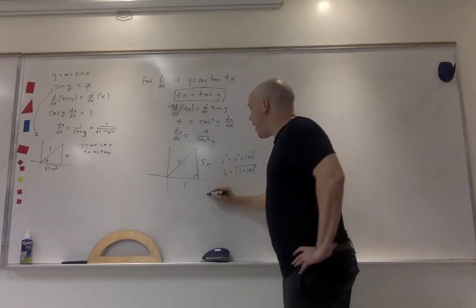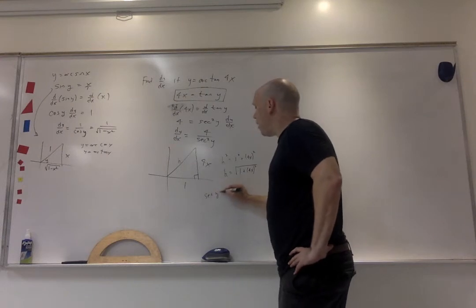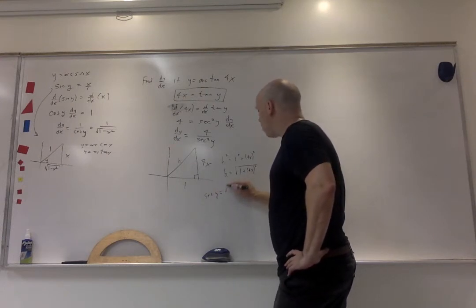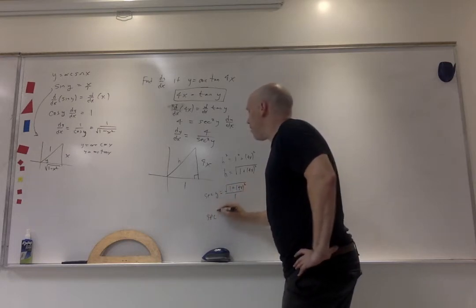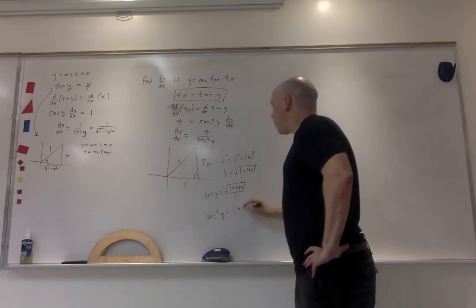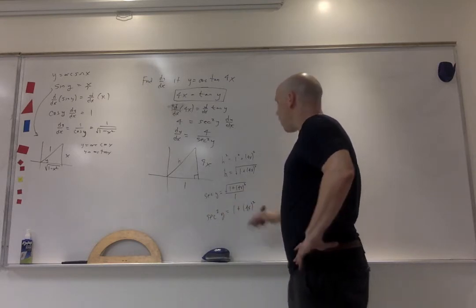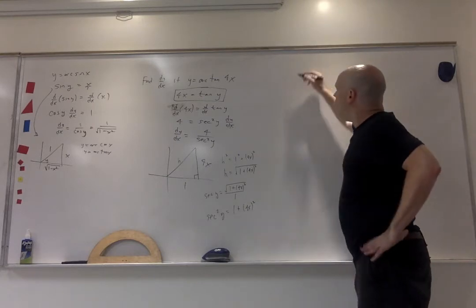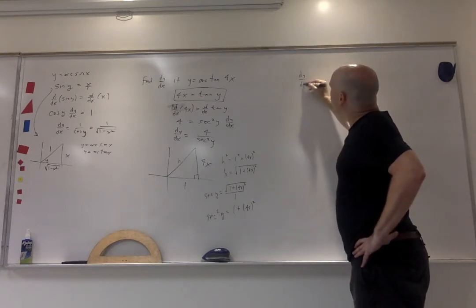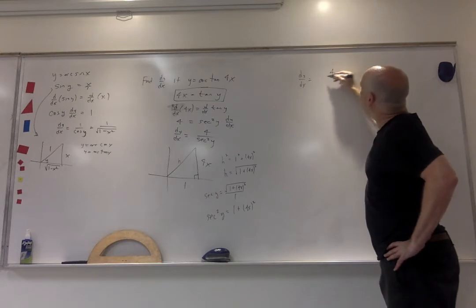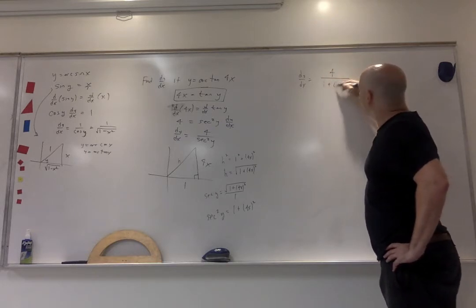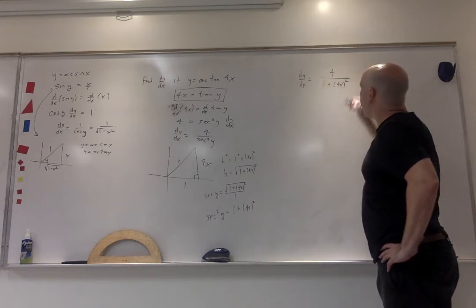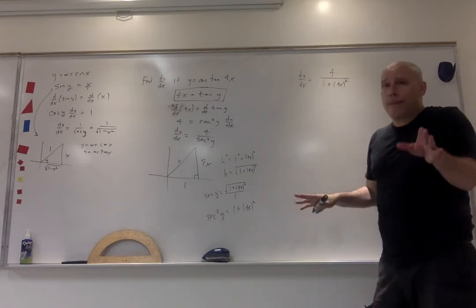If the secant of y is the hypotenuse over 1, secant squared is equal to 1 plus 4x squared over 1. And so dy over dx is equal to 4 over 1 plus 4x squared.